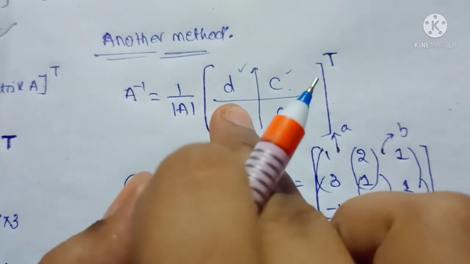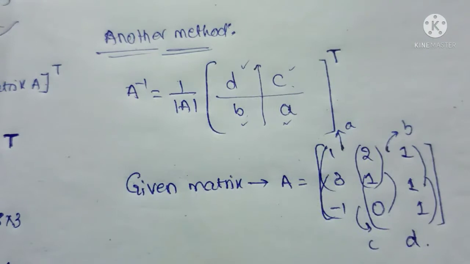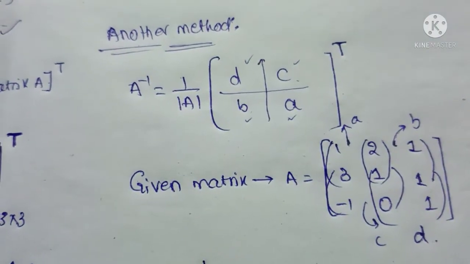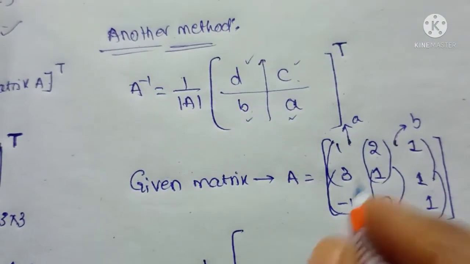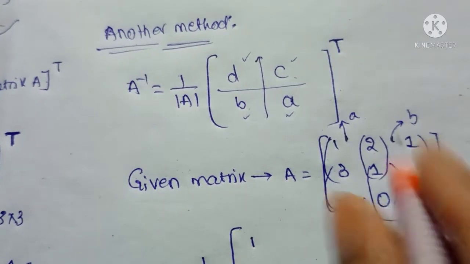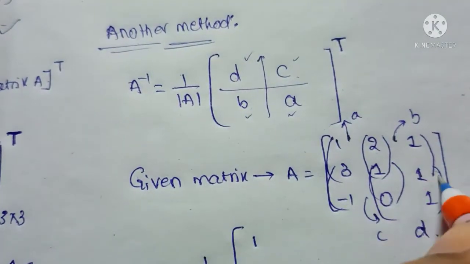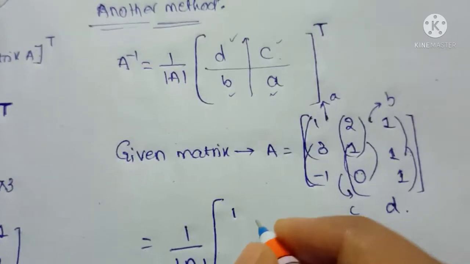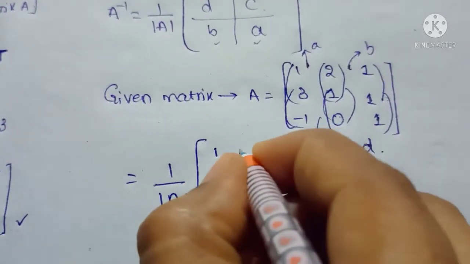Now write here 1 by det A into, first the D matrix: 1 0 0 1. Then for the C matrix: 3 1 -1 0.